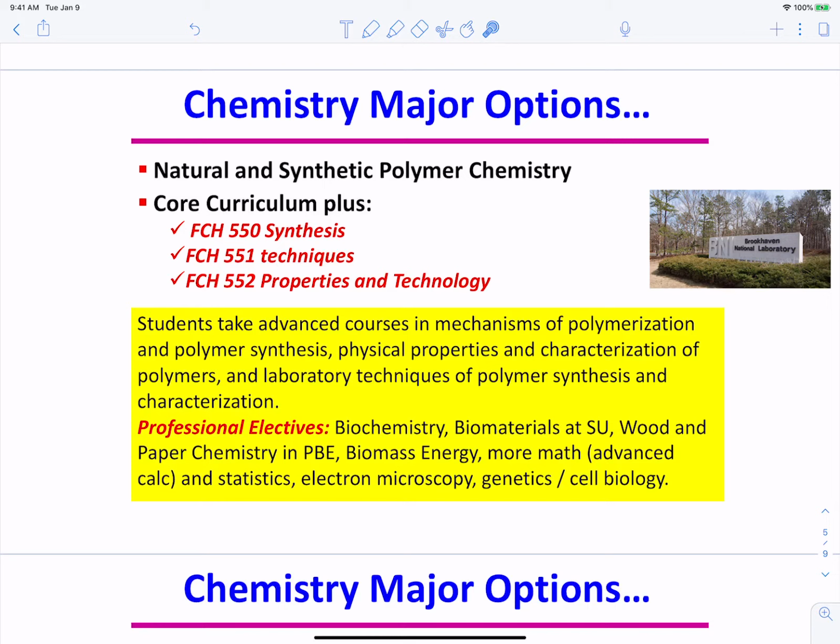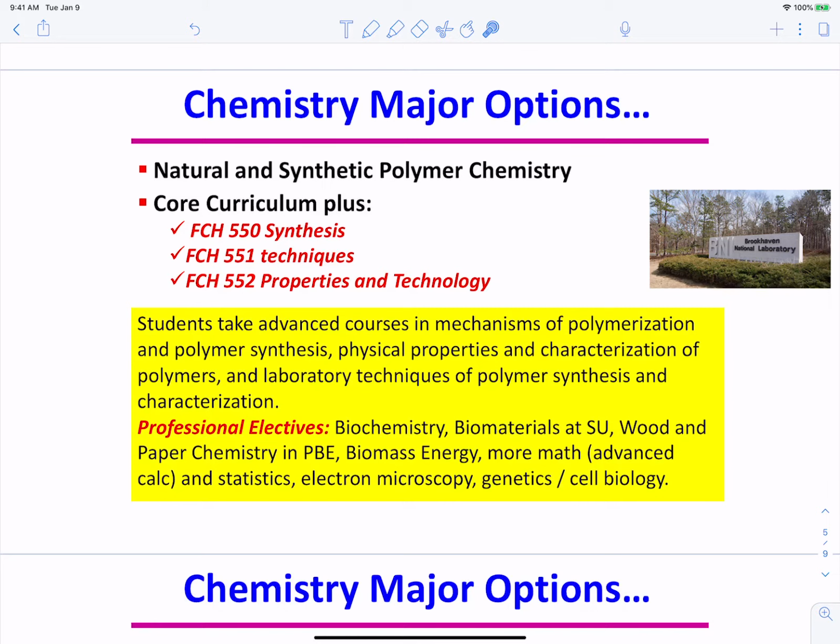That's not to say that you couldn't take some other courses that are potentially environmental chemistry or more biochemistry related or biotech related. For these professional electives, 300 level or above, you would work with your advisor again to determine which courses would be of most interest to you.